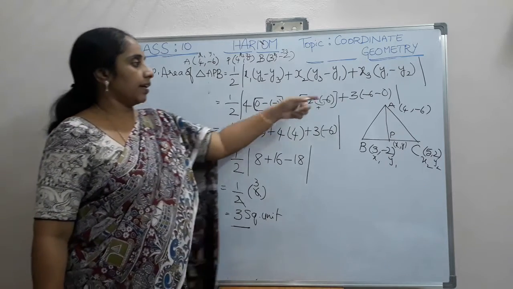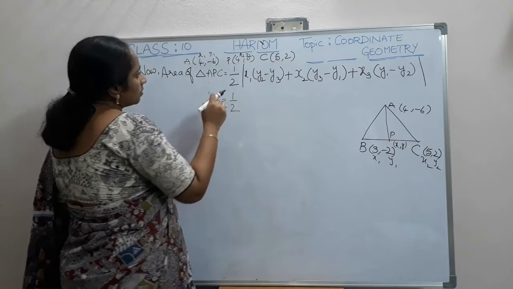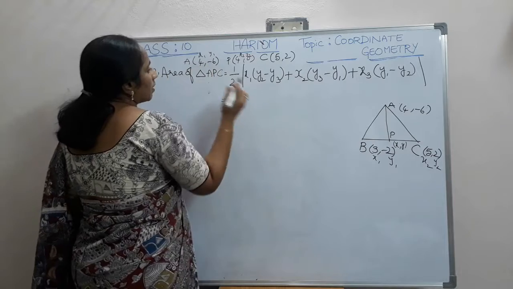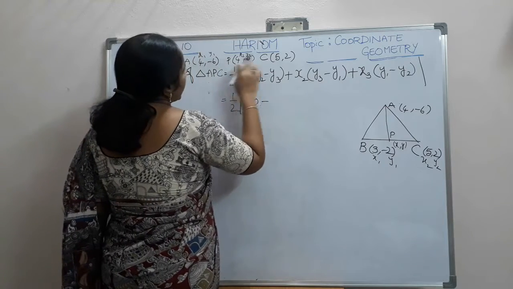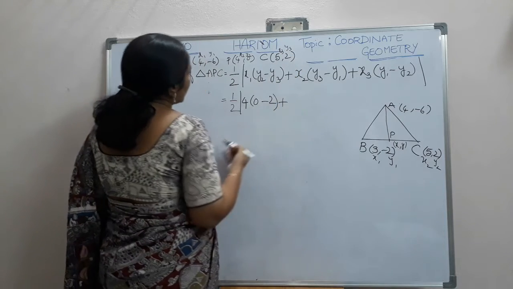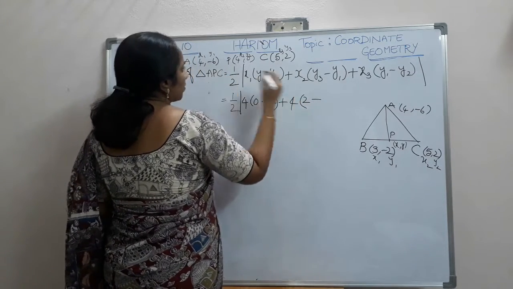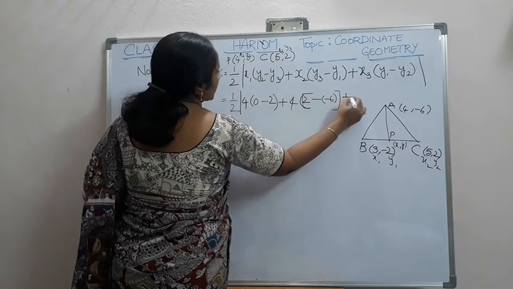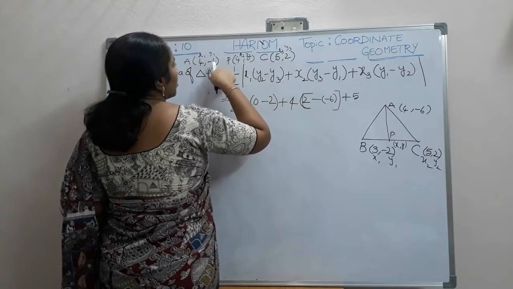In the same way, area of triangle APC is equal to the same area formula with x1 = 4, y2 = 0, y3 = 2, x2 = 4, y1 = -6, x3 = 5.